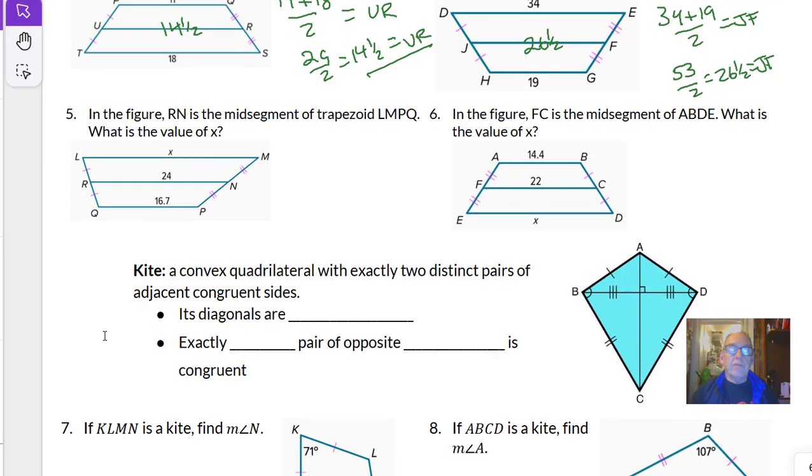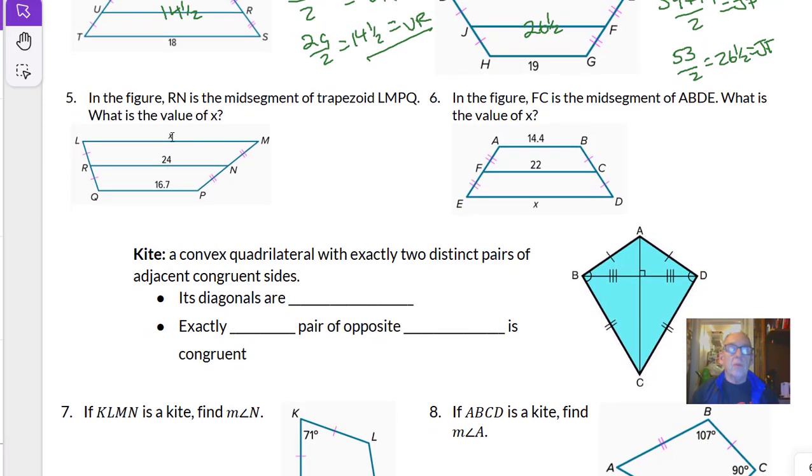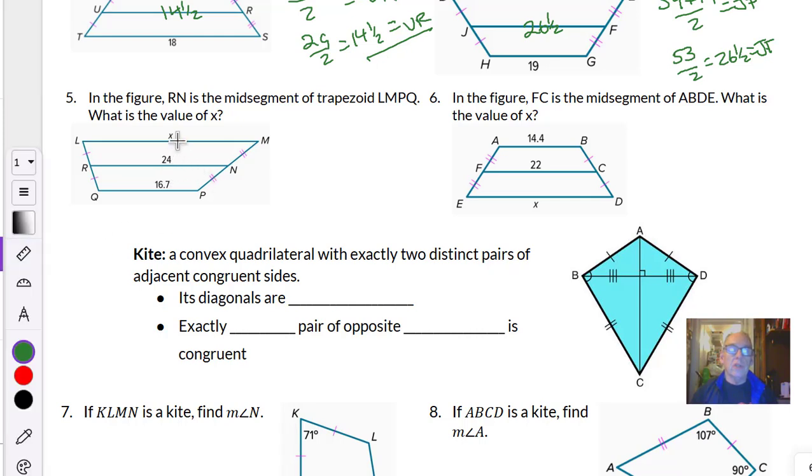Let's look at number 5. RN is the midsegment. We want to find the missing one. Now this kind of plays off the same formula. This is half of both of these. So since this is half of both of these, I could actually say 16.7 plus x is equal to 24 times 2, 48.